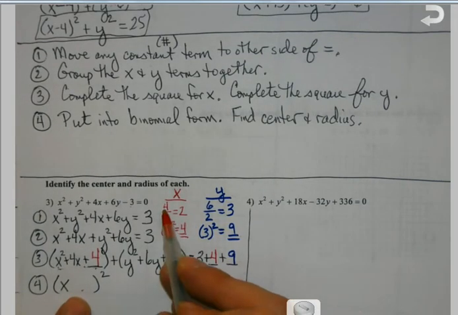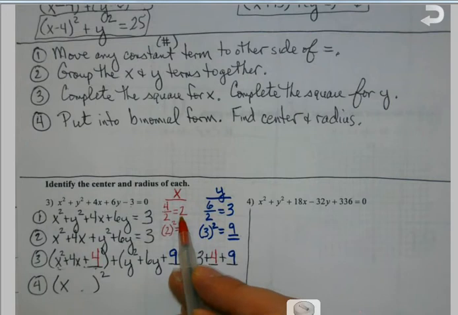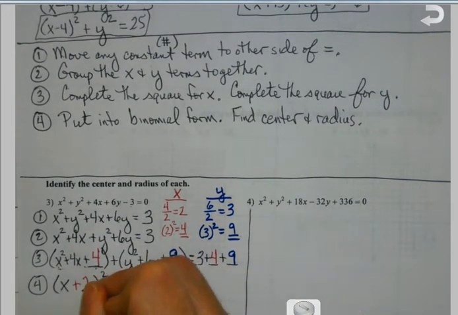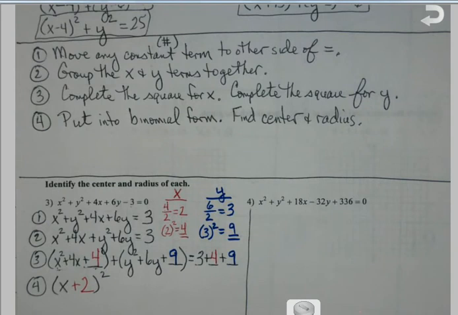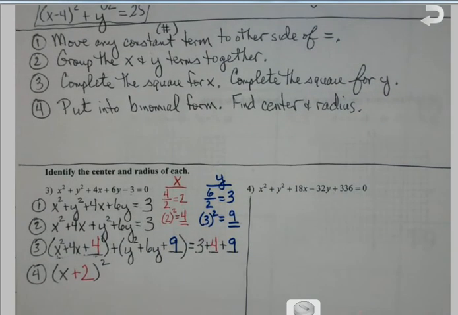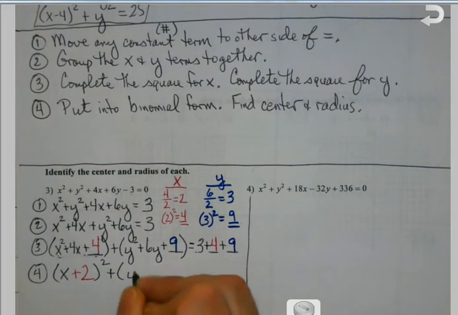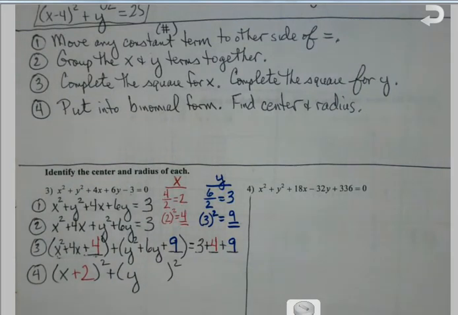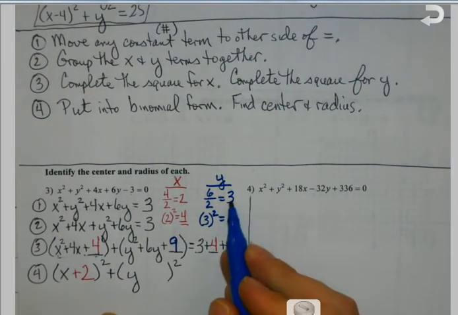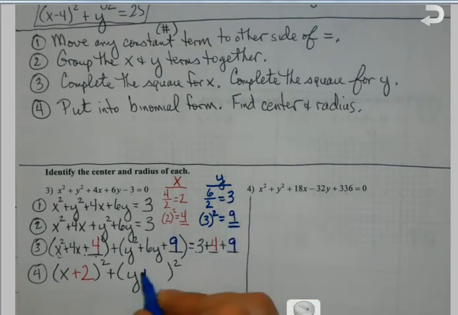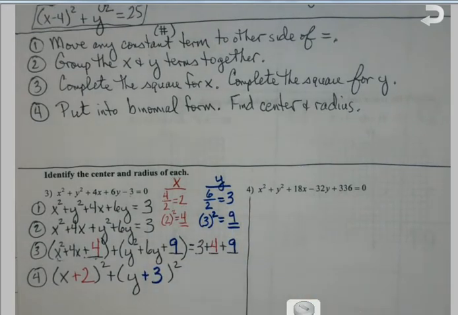When I did my b divided by 2, whatever answer I get, that positive 2, is actually what would go in there to make this work. And that's going to work every time with every one of these. Whatever my b divided by 2 was for that variable, in this case it was the 3, can go in there to create my square of a binomial.